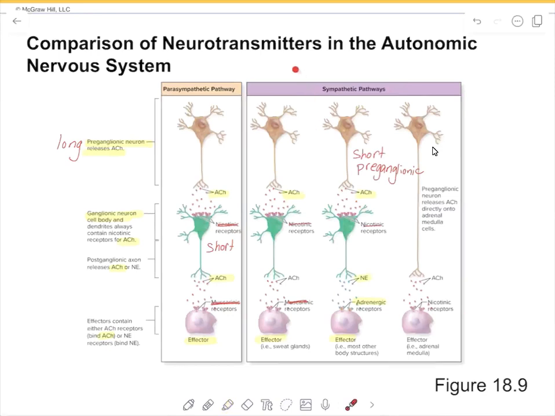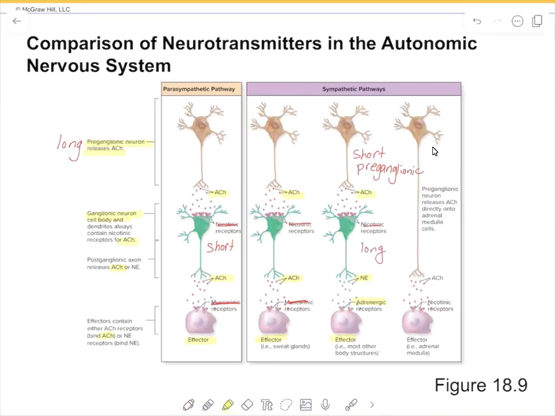This pathway is one of the exceptions and one that you can kind of ignore because it's the only example of where the sympathetic pathway actually utilizes acetylcholine at the longer postganglionic neuron. So again, as long as you know one of them, you know the other because they're exactly opposite.